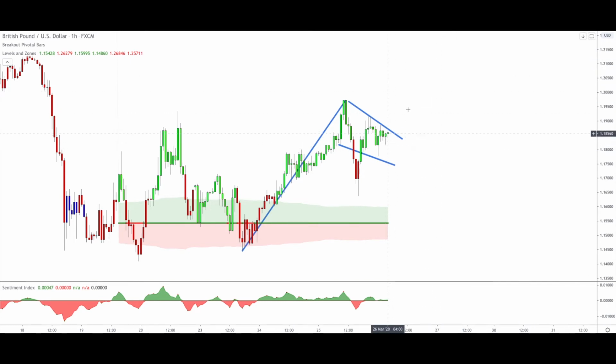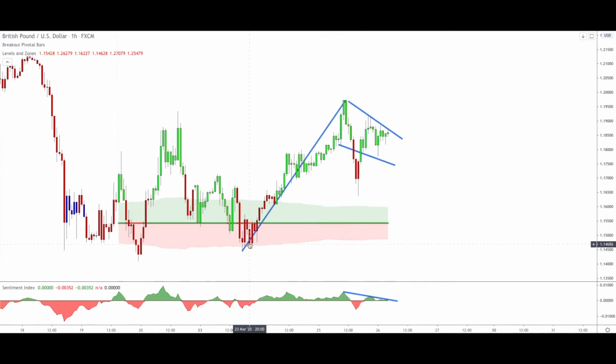I don't know whether it's coming, but the setup is almost there. As you can see down here in the sentiment index, the bullish sentiment is also decreasing, which is actually a good sign, because it means that the sentiment is following the price, it's moving along the price.